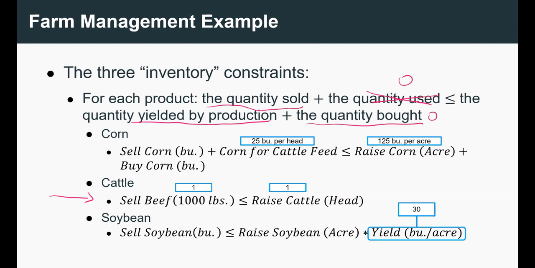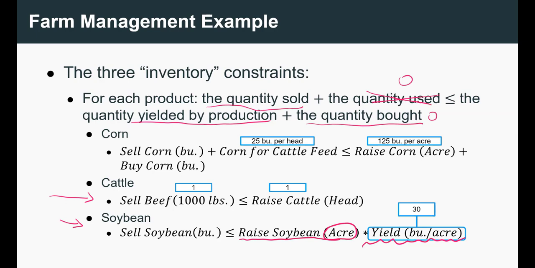However, for corn and soybean, it will be a little bit more complicated. So let's focus on soybean. For soybean, it's similar to cattle in the way that there's no quantities used and no quantities bought. However, here the soybean yield is a little bit more complicated. This is your decision variable, the acres of land that you use to raise soybean.